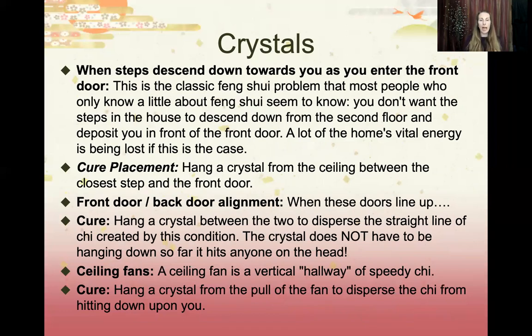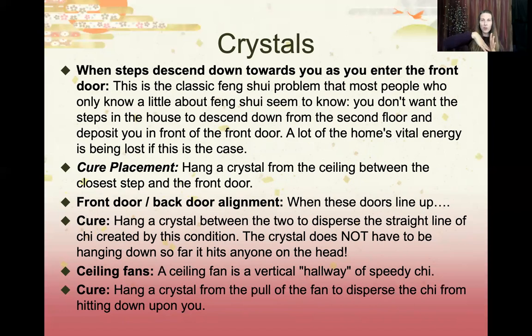In a lot of houses that are 2 stories, the front door and the stairwell are often in line. So when the steps descend down towards you as you enter the front door, this seems to be a classic feng shui problem that a lot of people that only know a little bit about feng shui seem to know about. They know that you don't want the steps in the house to descend from that second floor and put you right in front of the front door, because then we're going to be losing a lot of energy.